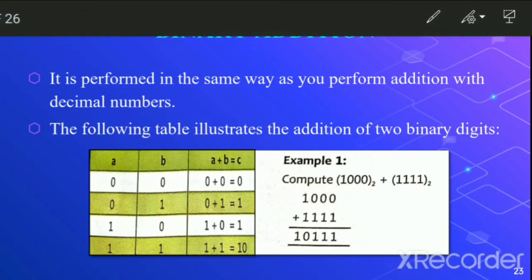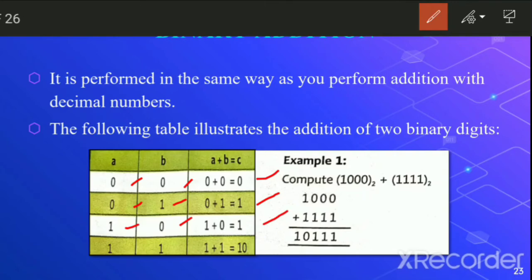We have two values, A and B. When we add 0 plus 0 it is 0, this we all know. 0 plus 1 becomes 1, and 1 plus 0 also becomes 1.